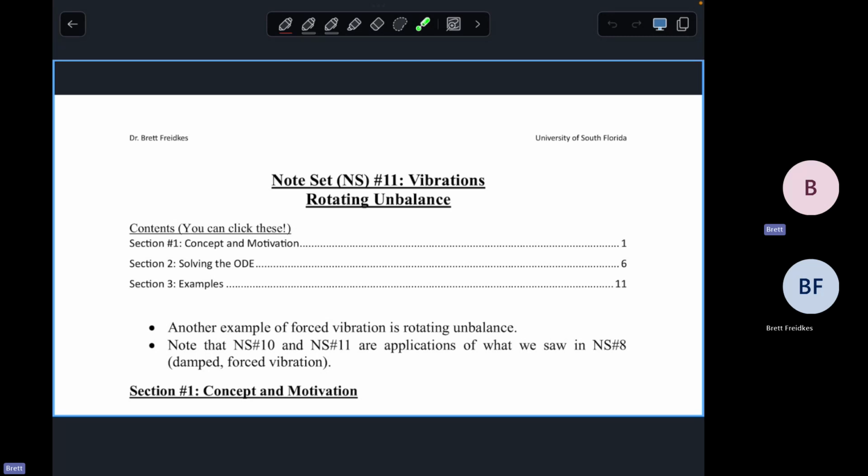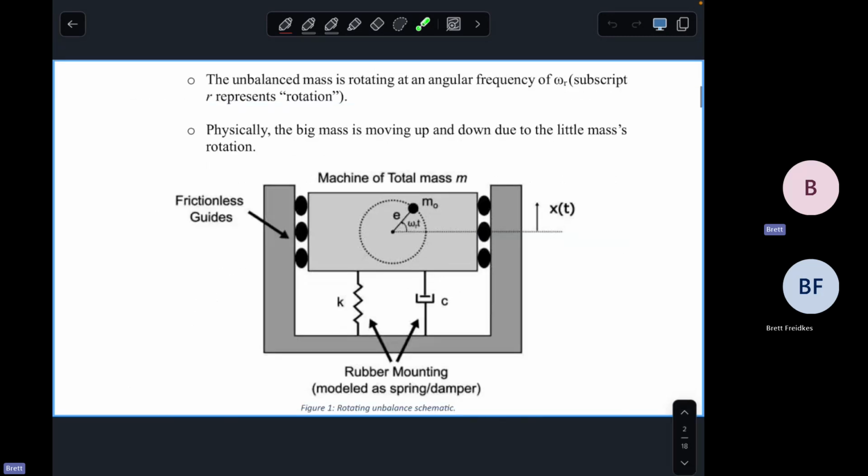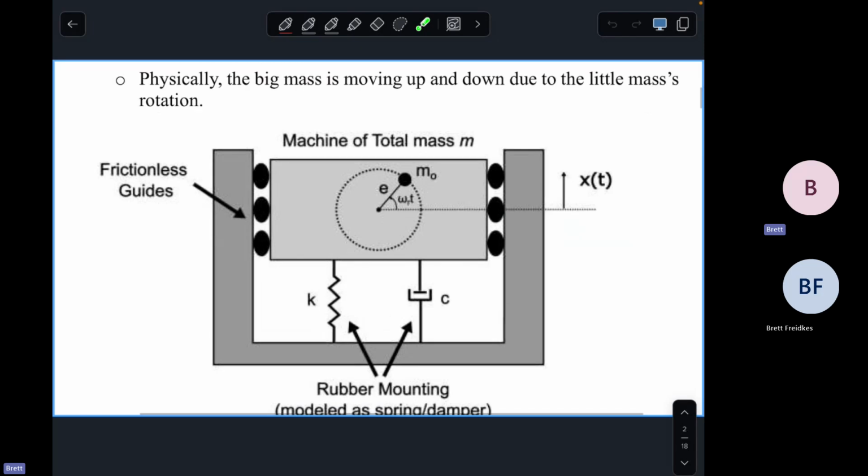So, rotating unbalance. We had the demo in class that I brought in where we saw this thing spin because we added this unbalanced mass to the system. The rotation of that mass is what causes the crazy vibrations of the overall system. In this picture, this mass is rotating in a circle.